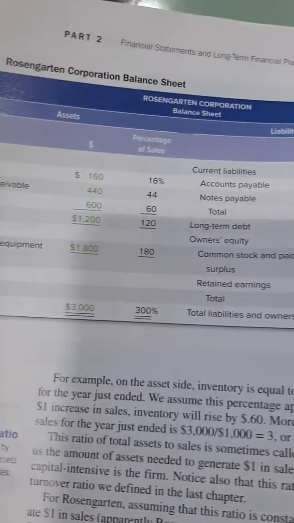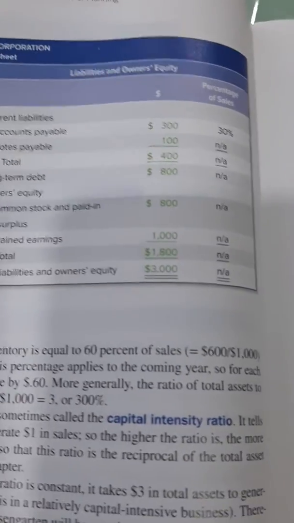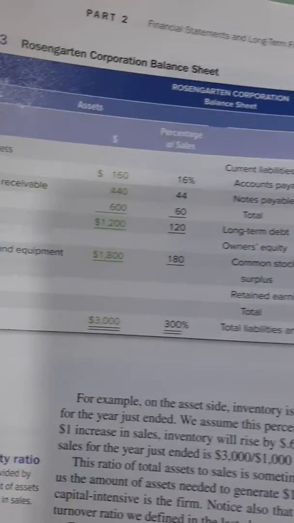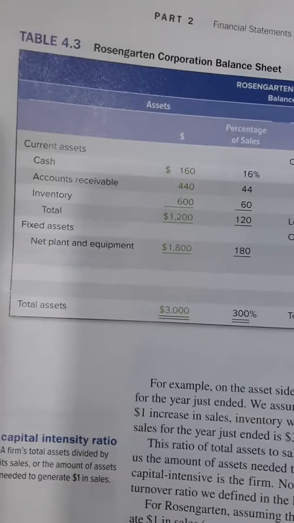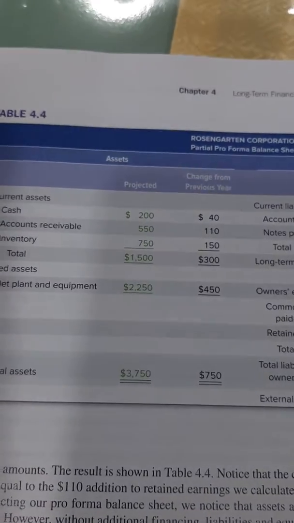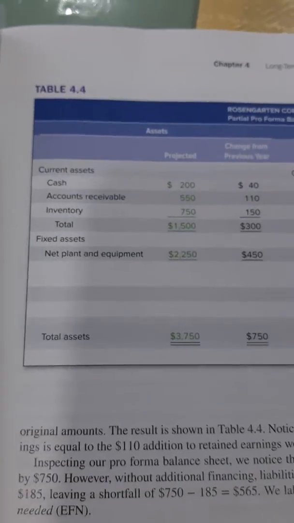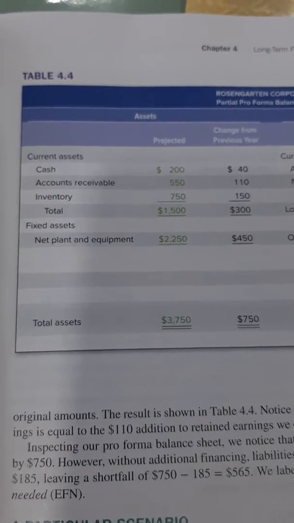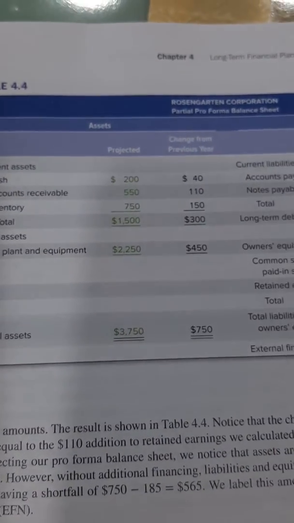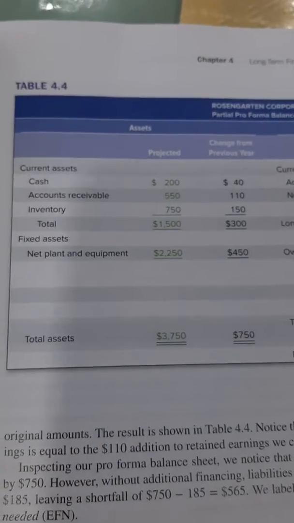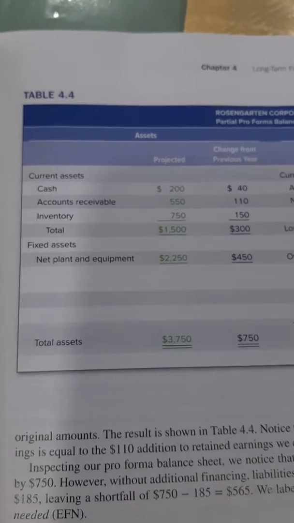This is also a simplified balance sheet. Table 4.3 is the current balance sheet, and table 4.4 is the pro forma balance sheet of Rosengarten. Our objective is to understand how these figures change.